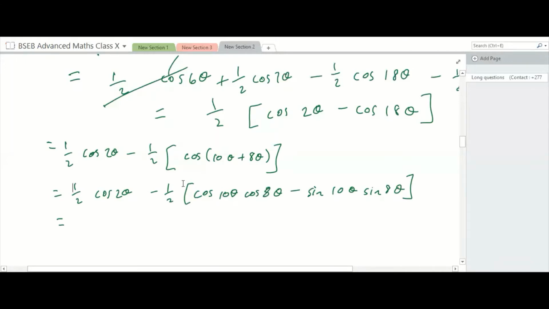So I'm sure we can do something here, which is cos 10 theta, cos 8 theta.